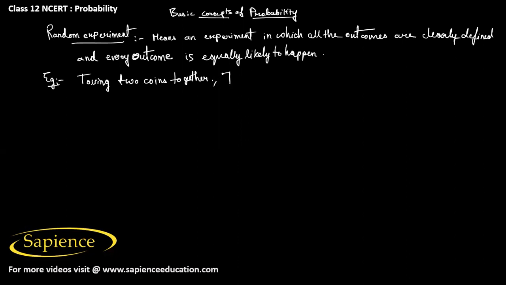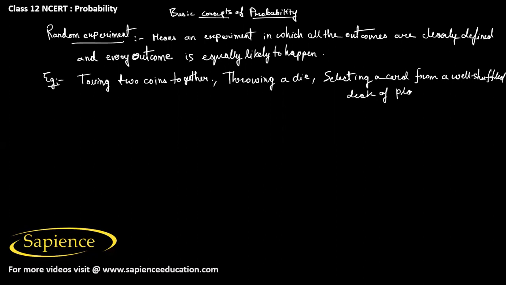And suppose we can say throwing a die, and lots of others, like selecting a card from a well shuffled deck of playing cards, etc. So in all these experiments, the outcomes are clearly defined, and every outcome is equally likely to happen.